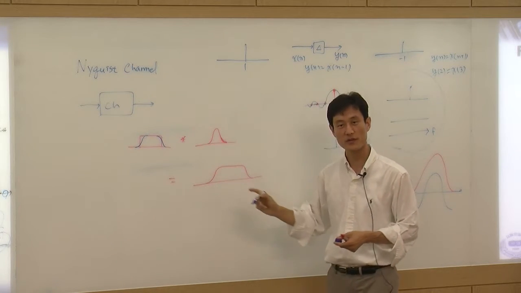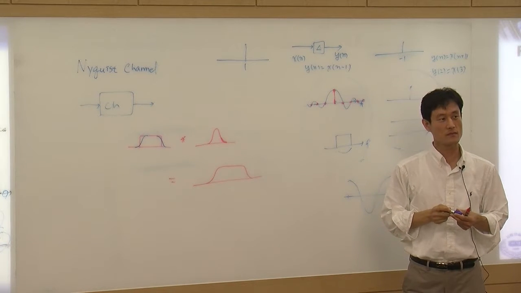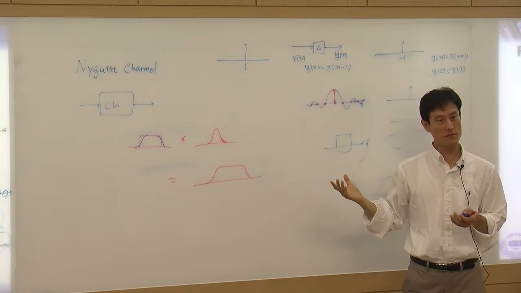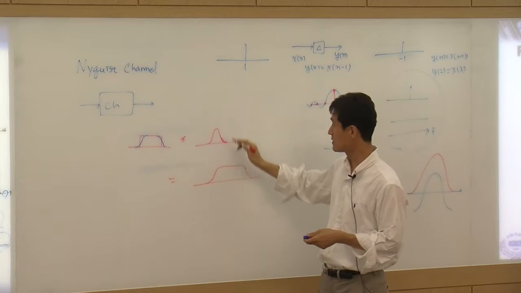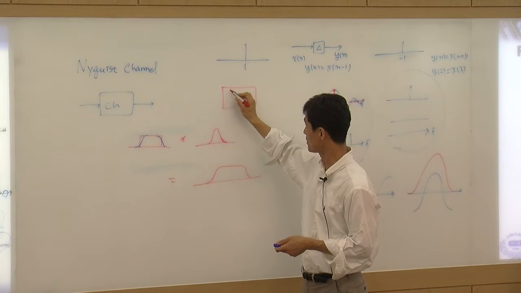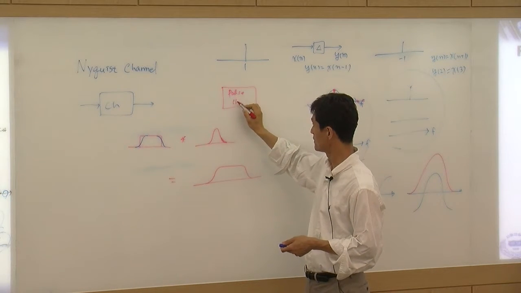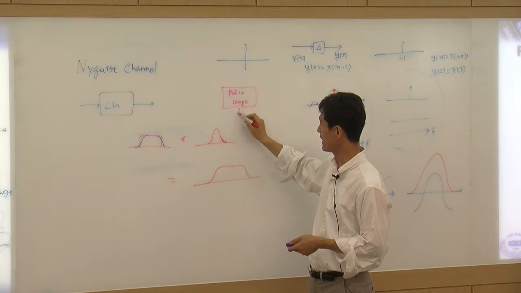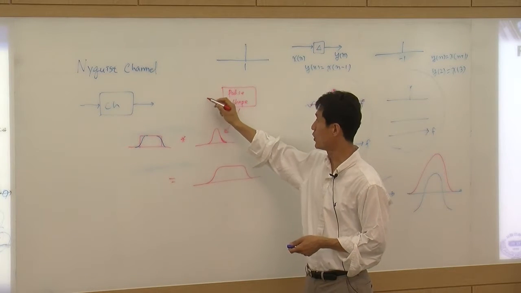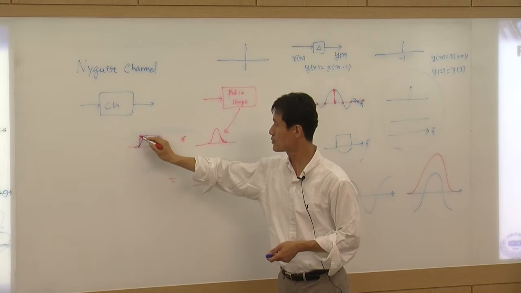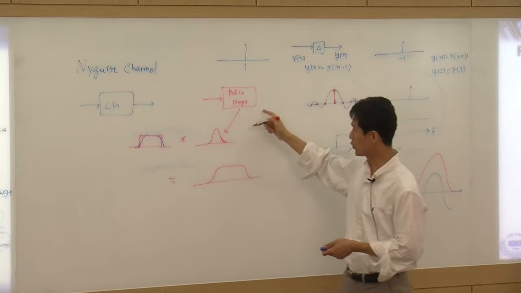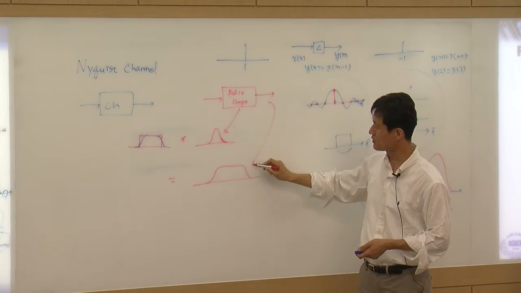So that's your output. What does that mean? That means you have a filter called a pulse-shaped filter, and it has this impulse response. Your input is a rectangular pulse. Then what is your output? That output looks like this.